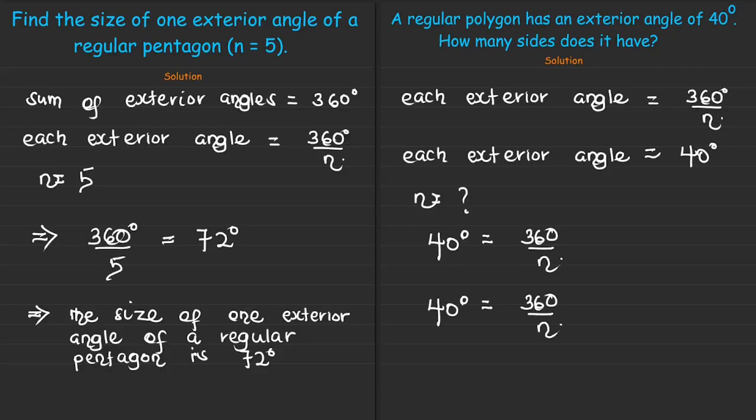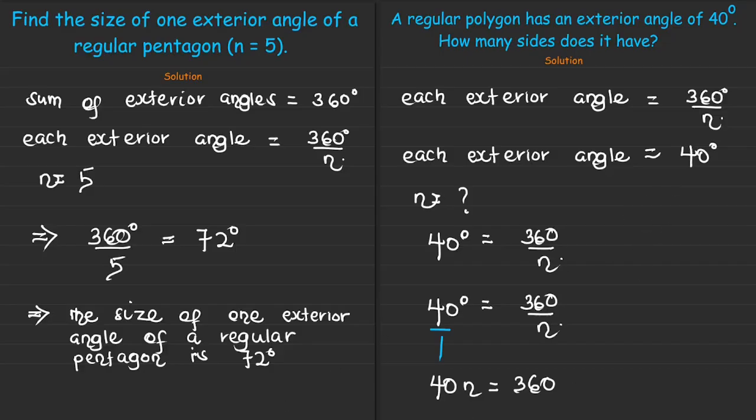Now you know this 40 is over 1, so we choose to cross multiply. That is simpler. If you cross multiply, we have 40 times n, which gives us 40n, and that is equal to 360 times 1, which gives us 360.